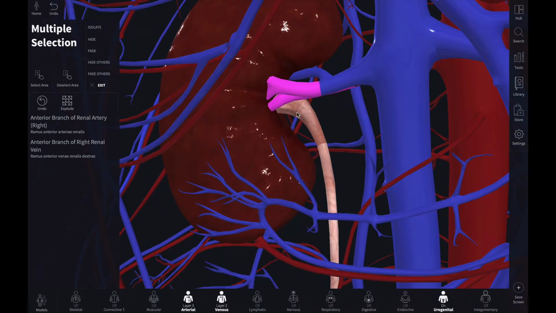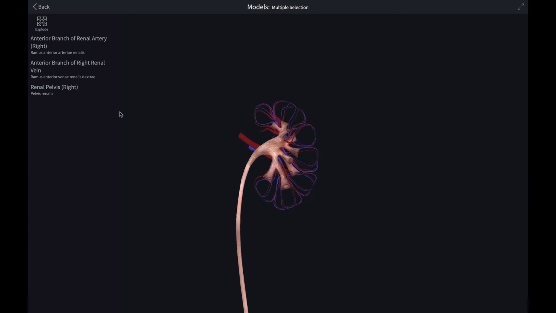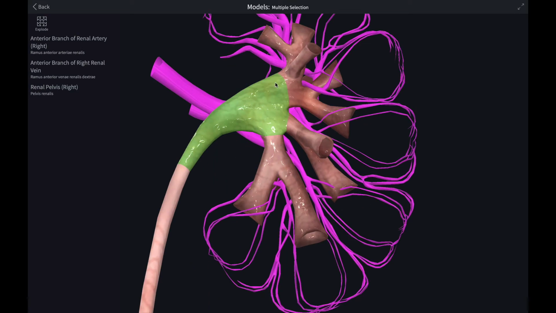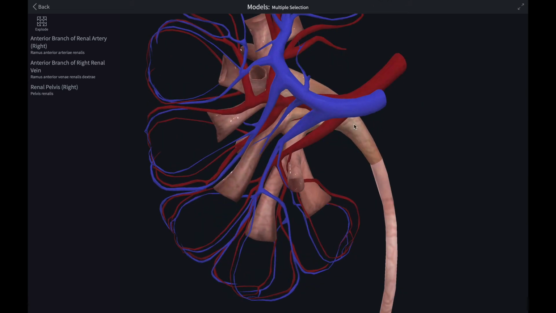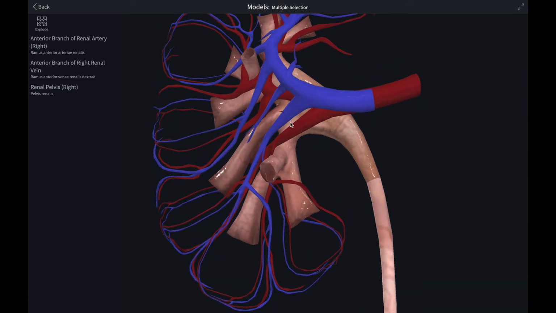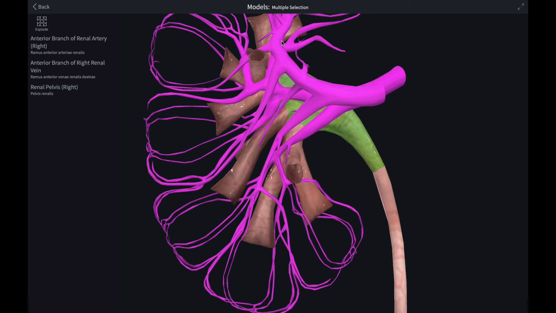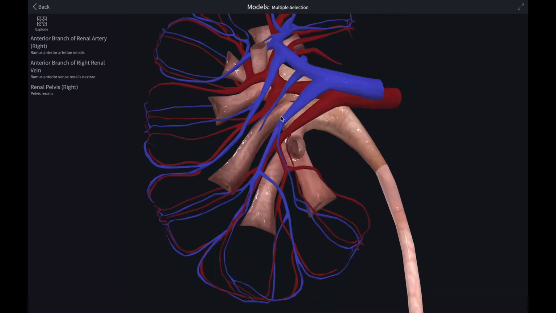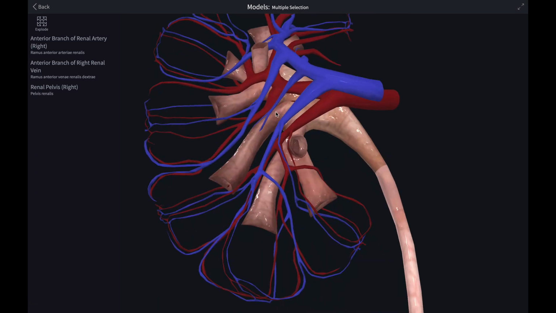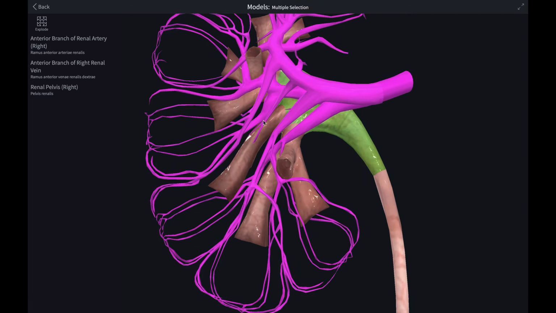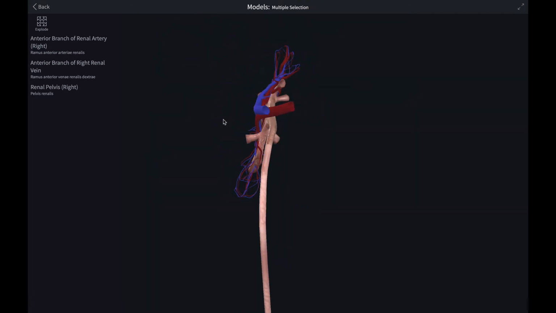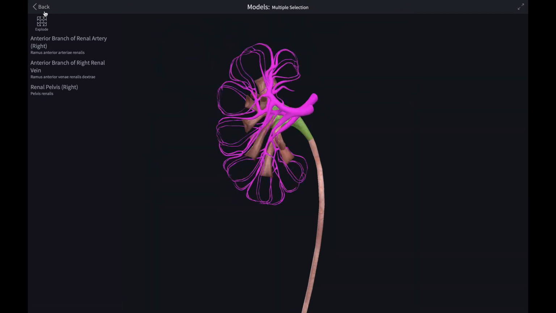Now along with that, you have this ureter also. You see this ureter, it divides into the pelvicalyceal system inside the kidney, in the inner aspect of the kidney. This is how they go and spread inside the kidney.